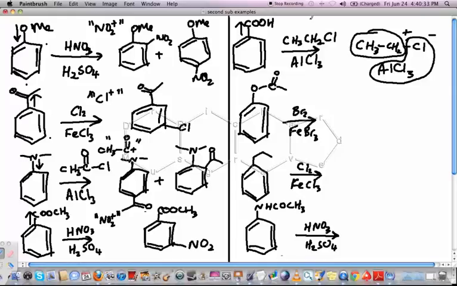So our electrophile will be CH3CH2 plus, with the positive charge being on the C. Now this one can't rearrange, because if it did rearrange it would just form another primary carbocation, so it's pretty much stuck the way it is.